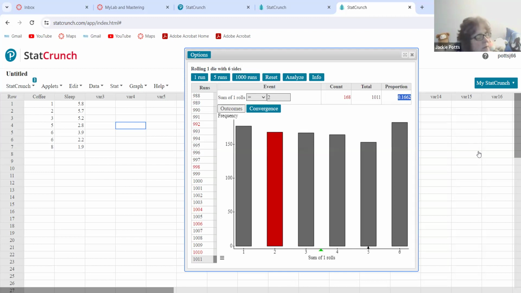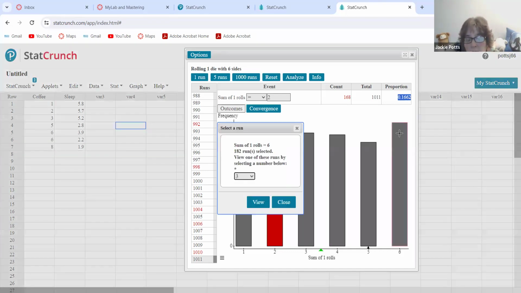And I said that 1 out of 6 should have a proportion of 0.167. Huh. What we're displaying here is the law of large numbers. The more times I keep running this, the closer I get to the theoretical. Right now at 1,000 rolls, that 2 is pretty well close.